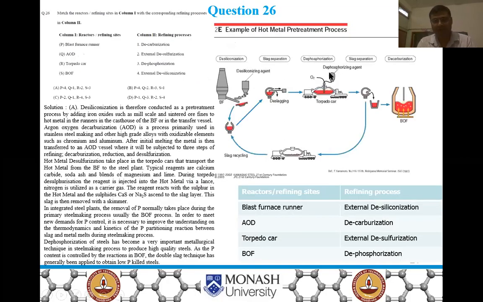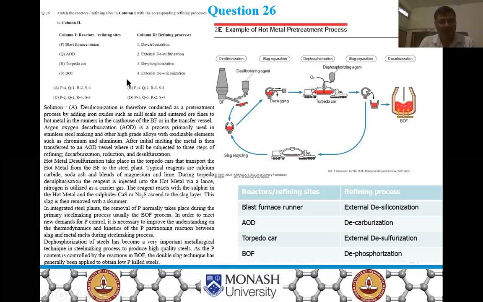Question number 26. Match the reactors, refining sites in column 1 with the corresponding refining processes. So here the blast furnace runner will match to external desiliconization, because in this blast furnace scenario, you can see in the flow diagram that it happens there.